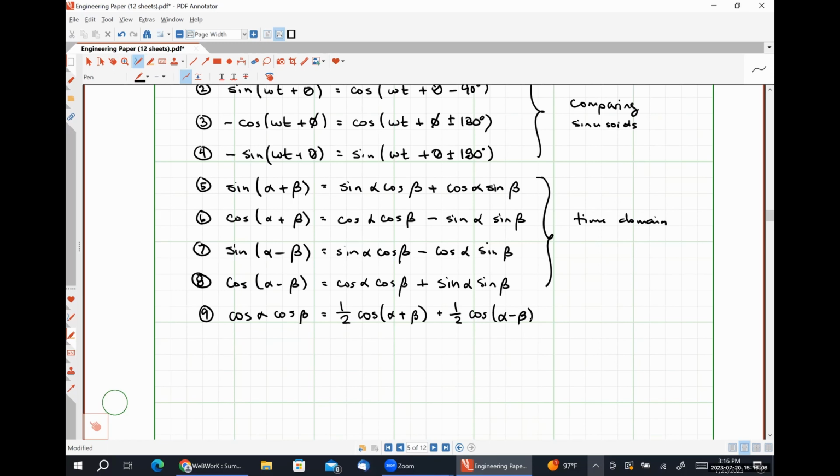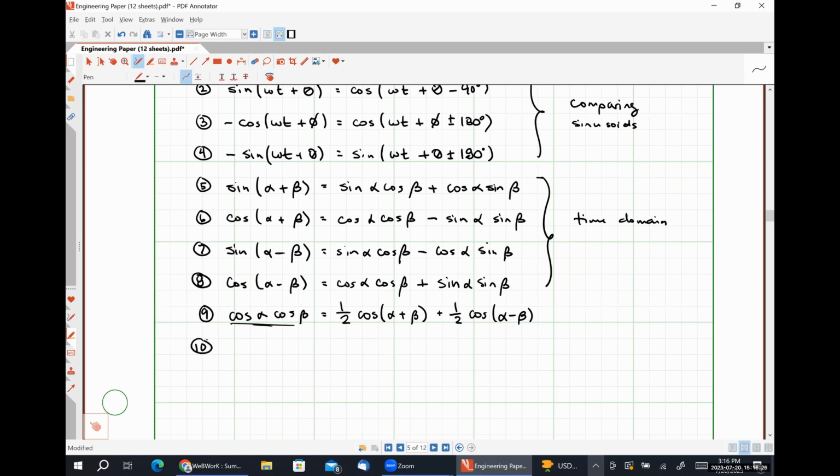We could technically develop relationships for cosine alpha times sine beta and all that kind of good stuff. But because we can convert every sine function into a cosine function, I'm not going to bother. This is the one that we're going to wind up using the most.